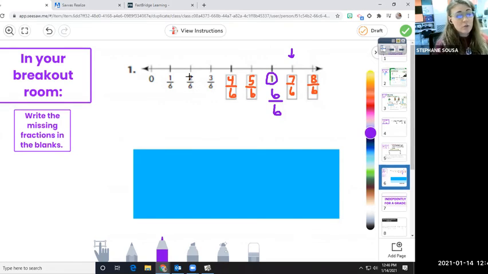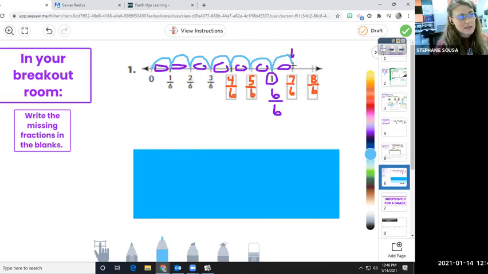And let me show you another really easy way to figure it out. 1, 2, 3, 4, 5, 6, 7, not 6. Same thing if I were to do hops. 1, 2, 3, 4, 5, 6, 7. Okay. You guys got to remember that 1 whole is the same thing as 6 sixths.